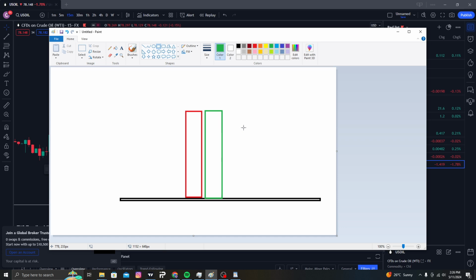The second thing I'll look at is where the second candle closes. This is my first candle. If the second candle, guys, closes above, somewhere here, that's my confirmation. Okay, price is reversing. Let me take a chance. Let me buy this move.